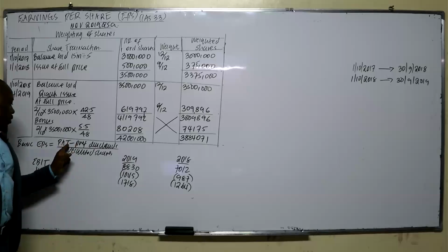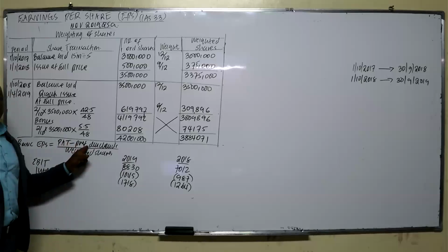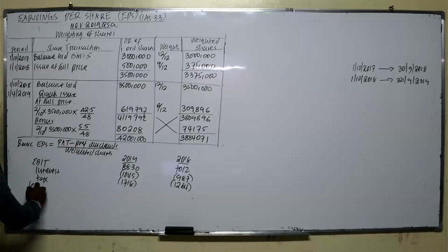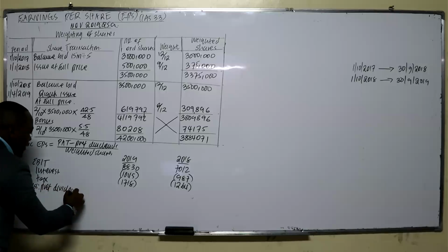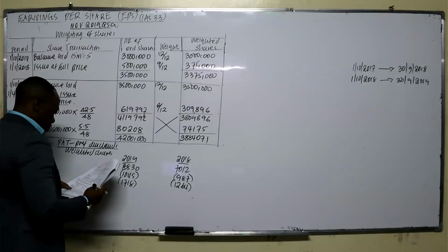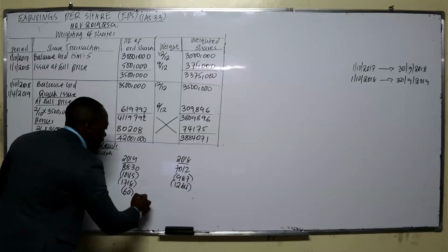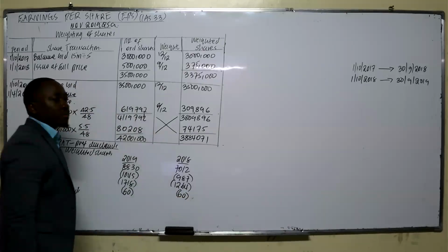Now, once you get the profit after tax, you raise the preference dividends, which was an amount of 60.